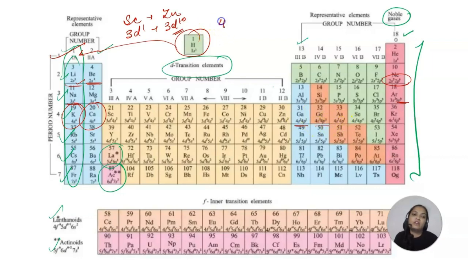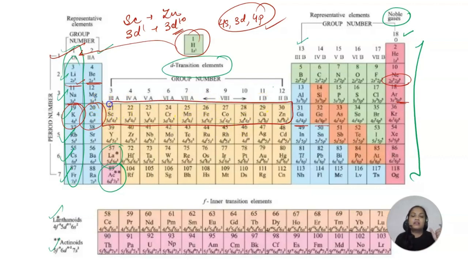So in the fourth period, 4s, 3d and 4p orbitals are filled, and it has a total of 18 elements. This middle series that starts here, these are known as transition elements.